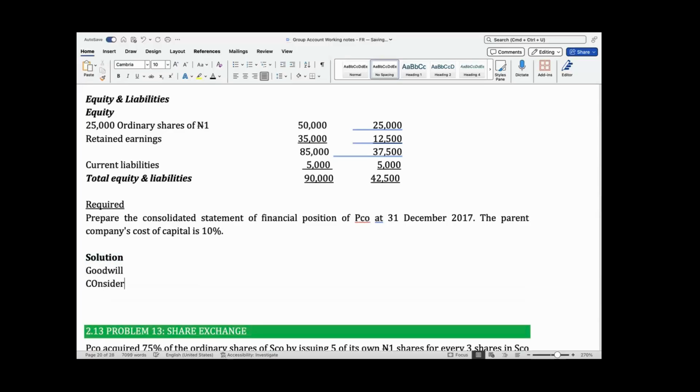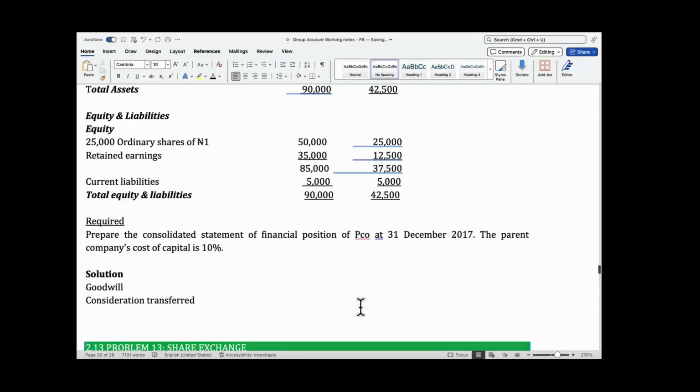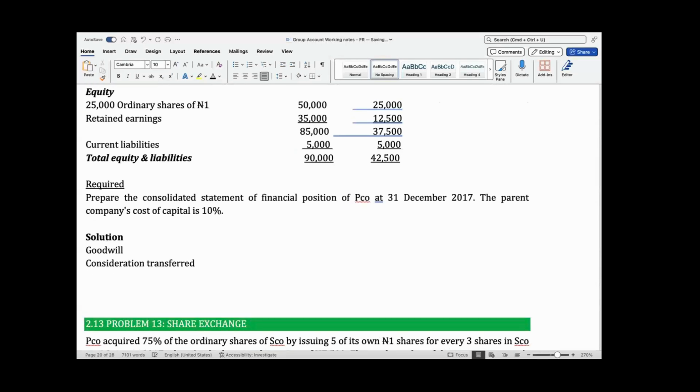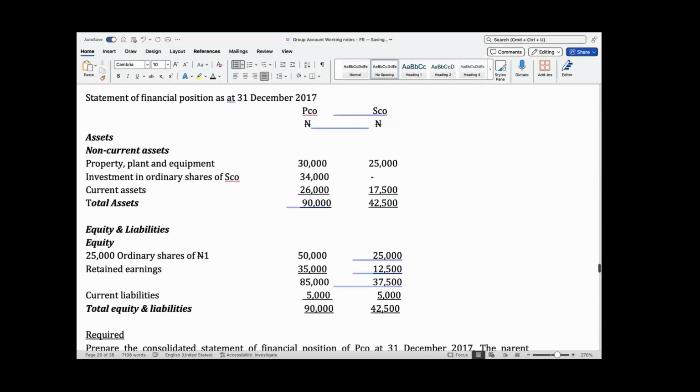We'll have our consideration transferred. How much did he pay? 34,000. But now this consideration transferred is in two phases. It's paying cash of 34,000 and it promised to pay a further 10,000 in how many years' time?